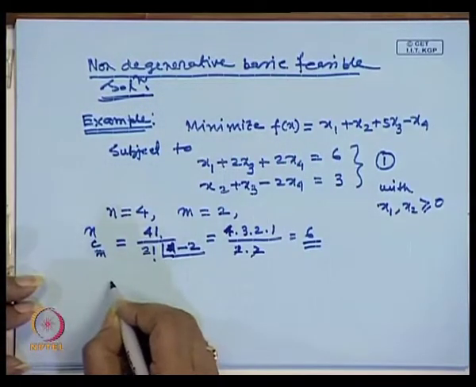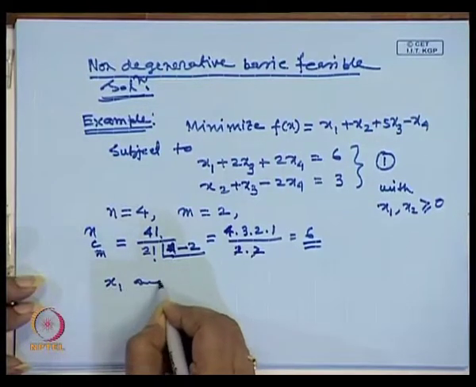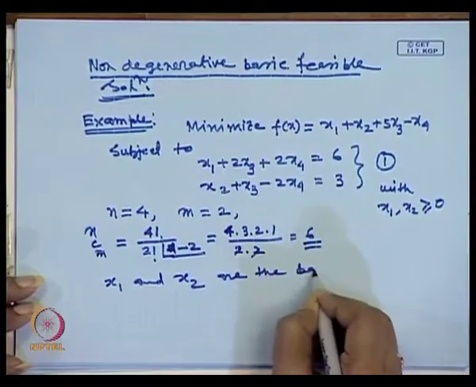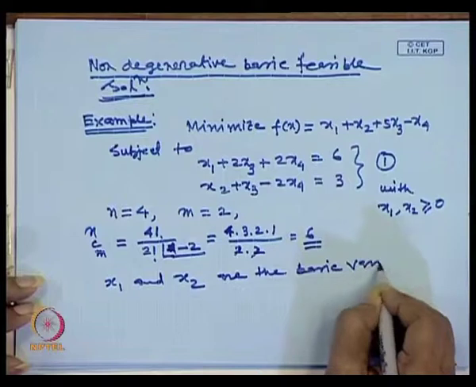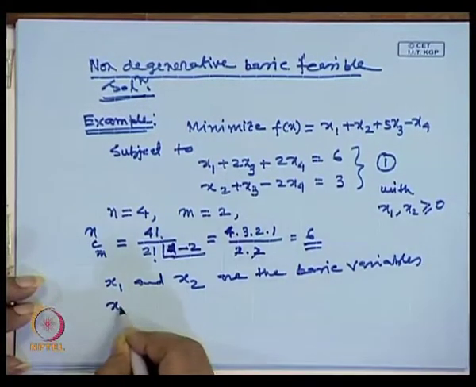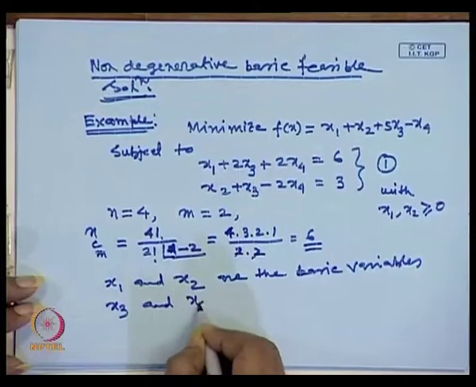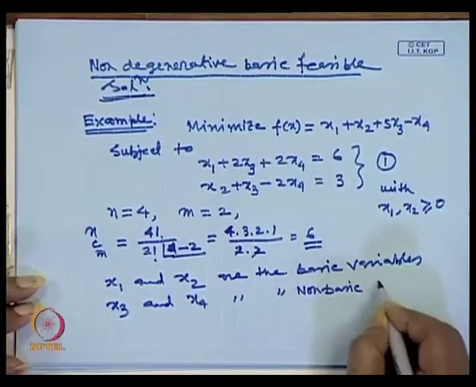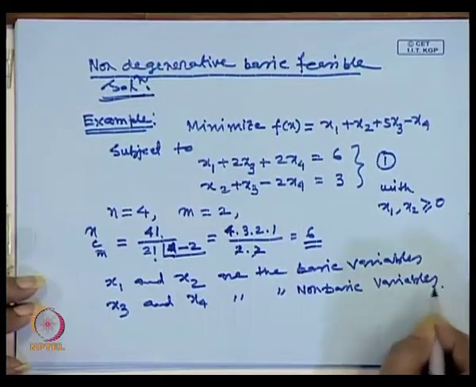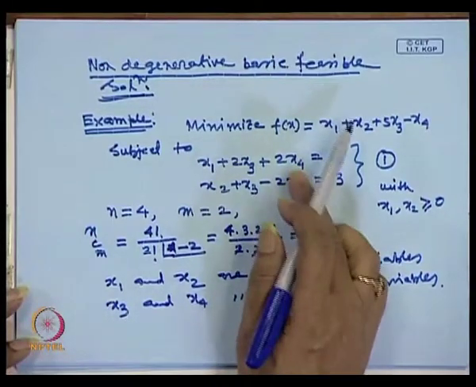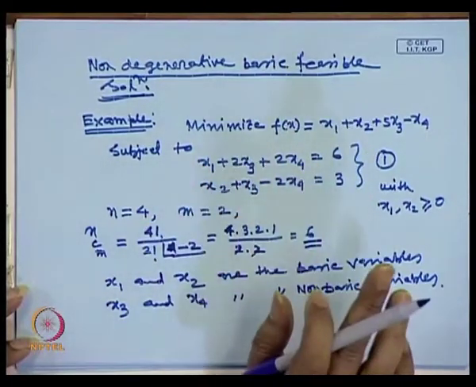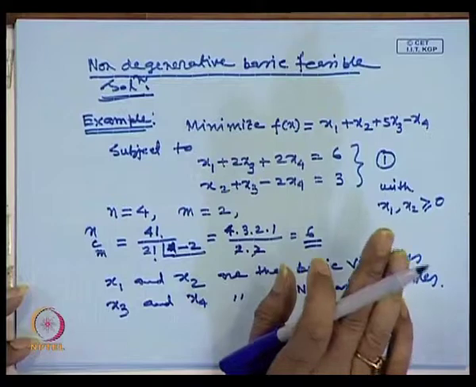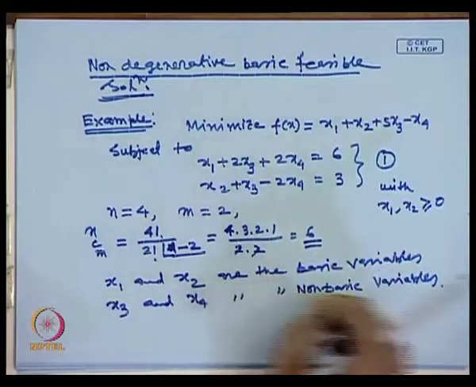We can write that x1 and x2 are the basic variables, and x3 and x4 are the non-basic variables. If you assign x3 and x4 to 0, immediately you can find x1, x2 and the corresponding objective function value. Agree? This is one basic solution.